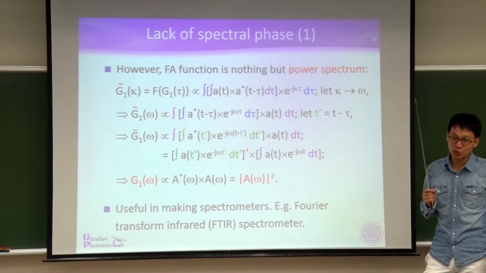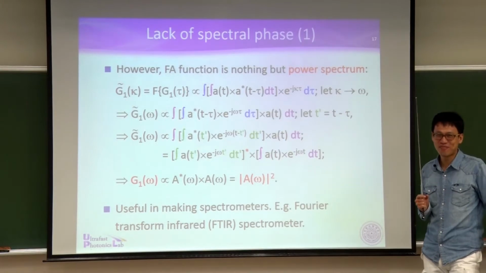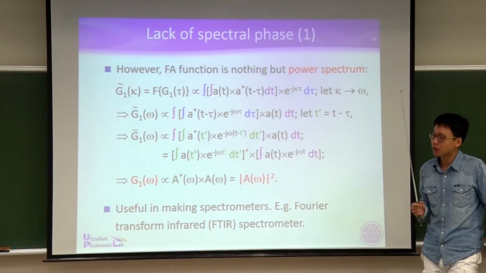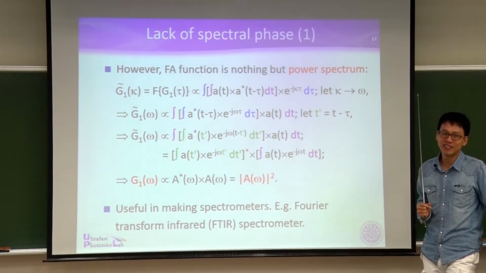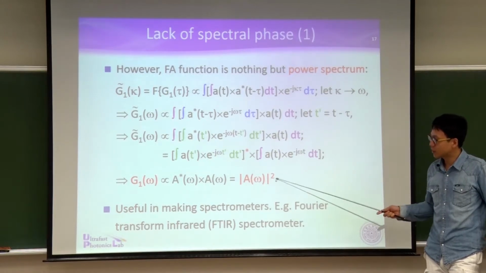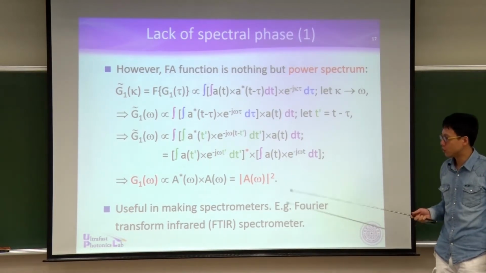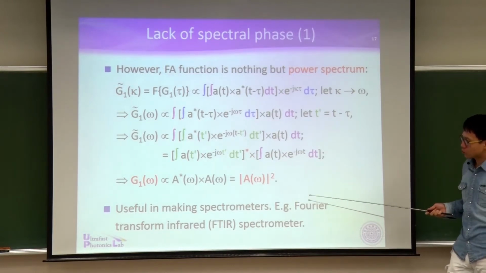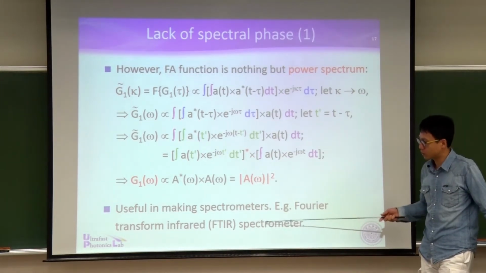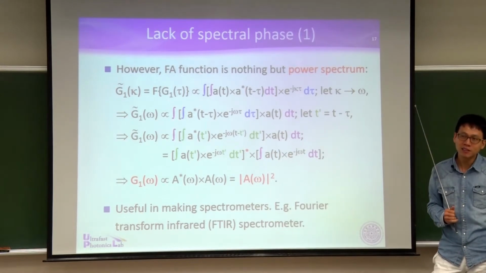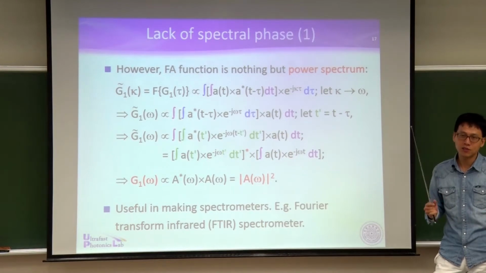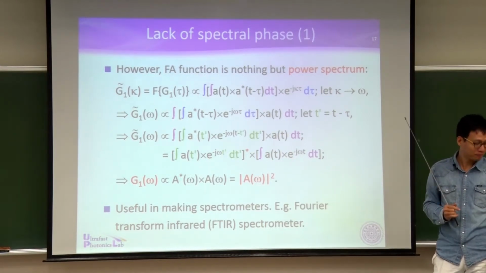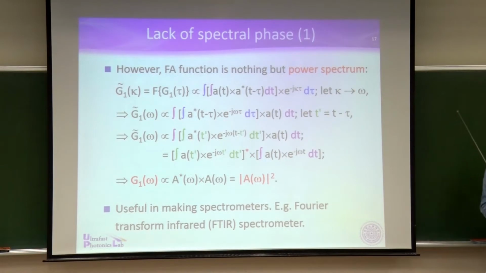Not to mention array. 一颗就很贵了，要买一个阵列，贵得不得了。But if you use a Michelson interferometer, you just need a single point detector. You do not need an array, right? And you can still get the power spectrum. And usually it's referred to as Fourier transform infrared spectrometer or FTIR spectrometer. Okay, it's a very useful tool in material science. Okay, any question?